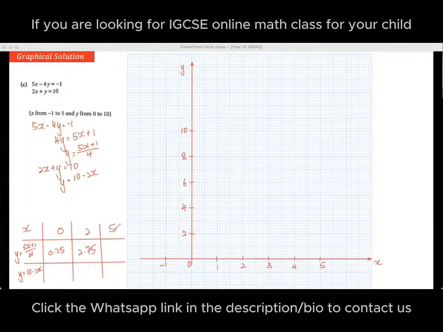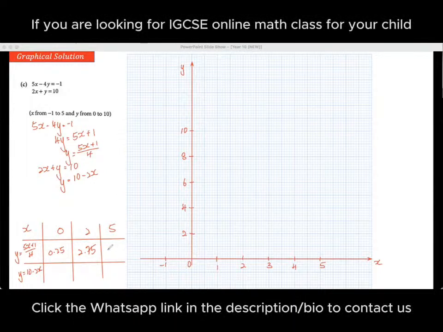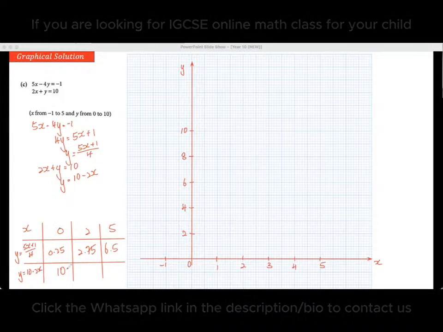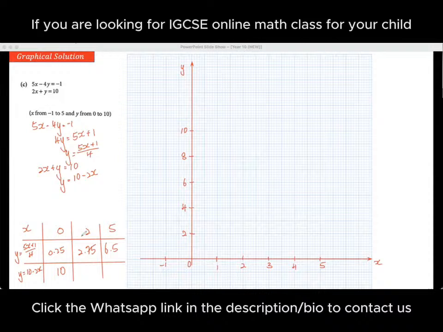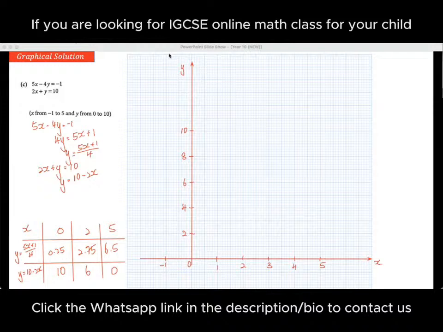Then when x equals 5, 25 plus 1 is 26. 26 out of 4, you should get 6.5. Then when x equals 0, y equals 10. When x equals 2, y equals 10 minus 4, which is 6. When x equals 5, then it will be 10 minus 10, which is 0.